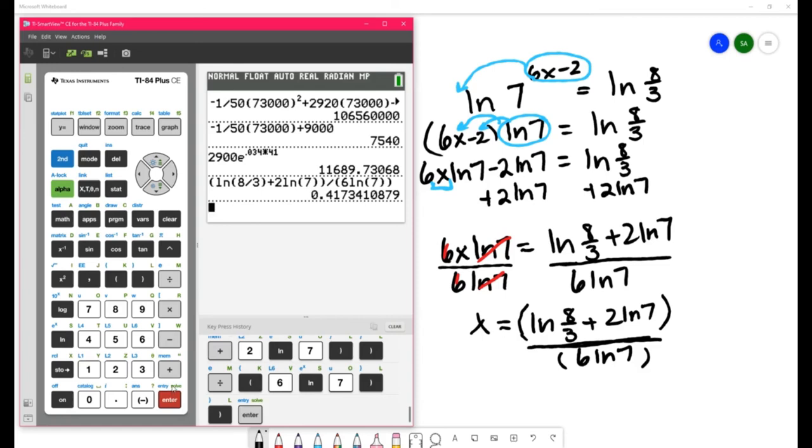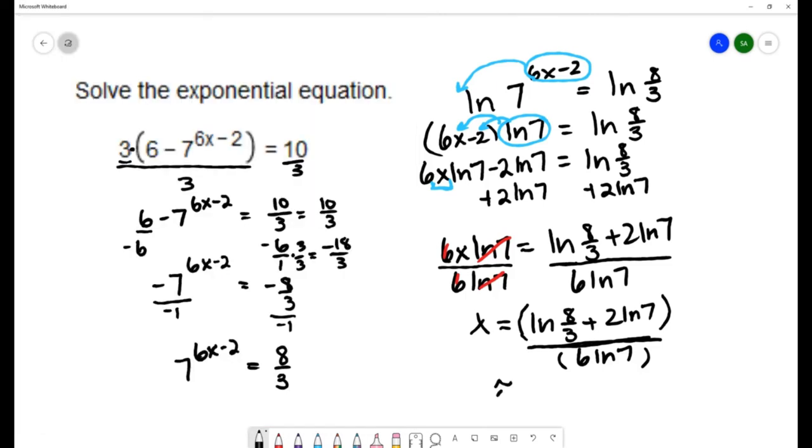So we get an approximation of this answer. Let's round it to 3 decimal places, 0.417. So this is the exact answer with the logs, and this is the approximation.